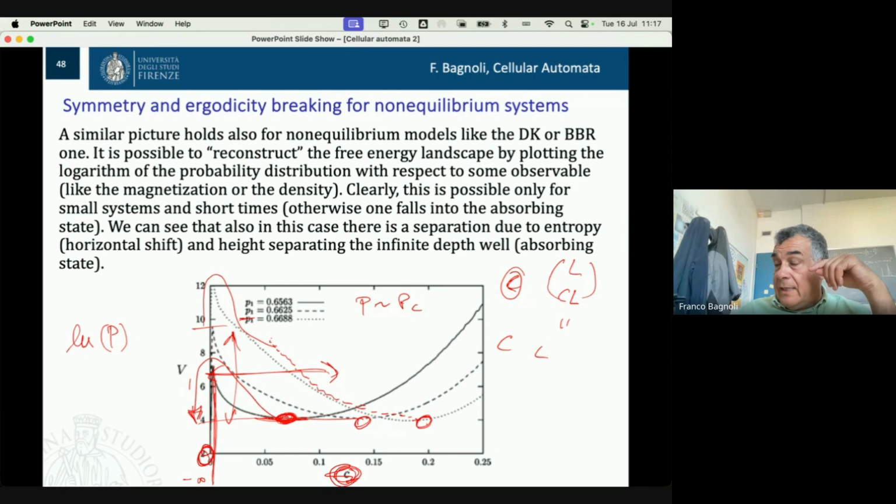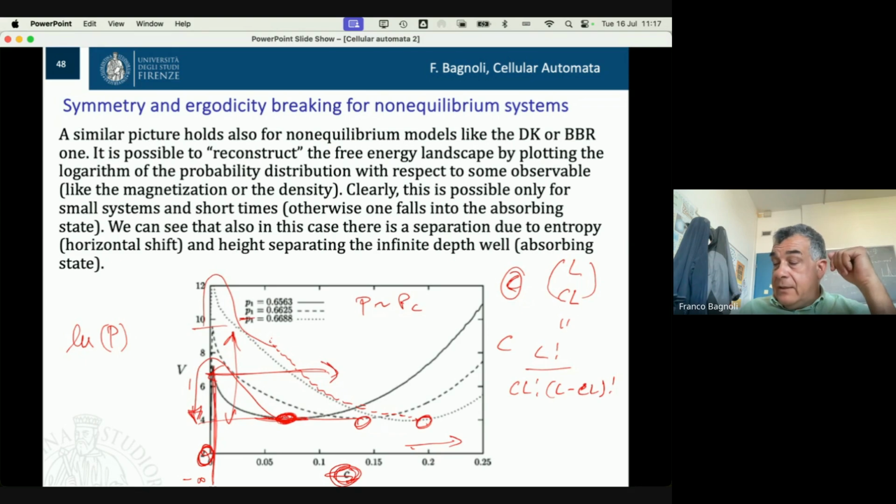So this is L factorial divided by cL factorial and (L minus cL) factorial. And this clearly drives the system towards a magnetization of order 0.5.